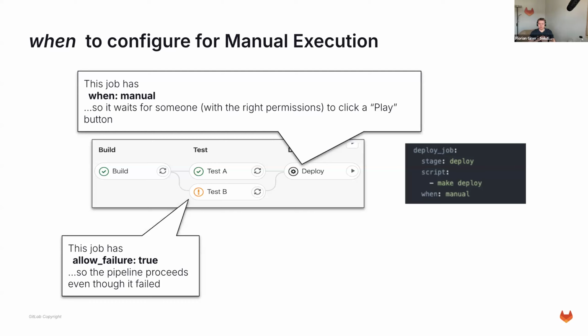For example, you have certain stakeholders for environments and you want them to be responsible for the deployment. You could set this up with when: manual, and what would happen is they would need to head over to the pipeline and press the play button. Then this job would be executed.